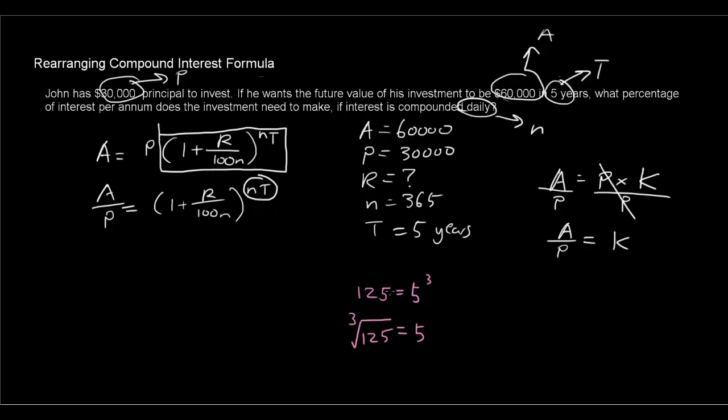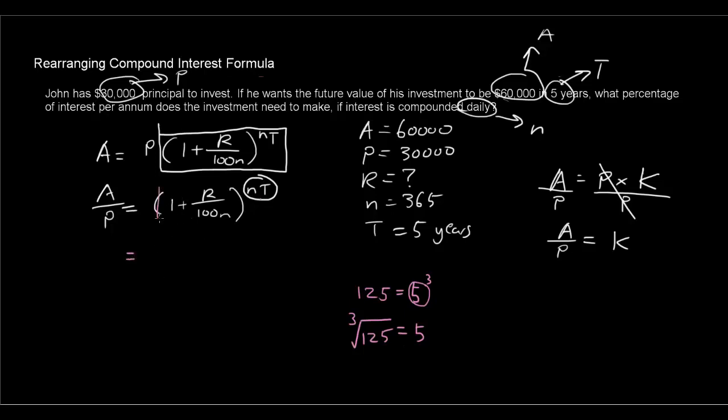So using that same principle, I'm going to apply it to this. We've got a whole term here, which is pretty much like 5 raised to a power is equal to this term here, which is like 125. So if we move this index to the other side, it becomes the nth root of this term, which gives you this term here. So I'll just show you what I mean.